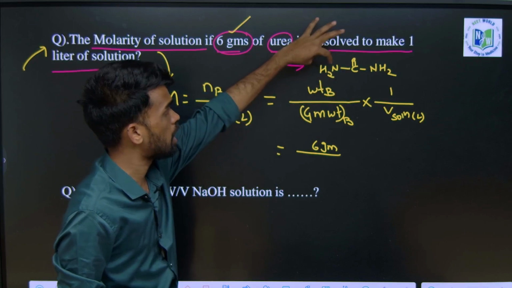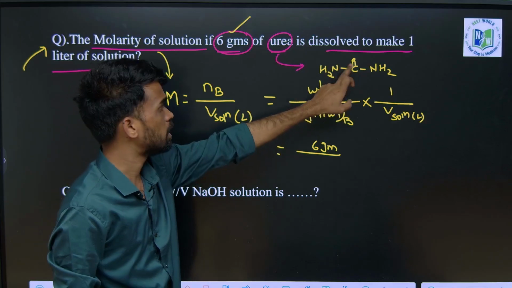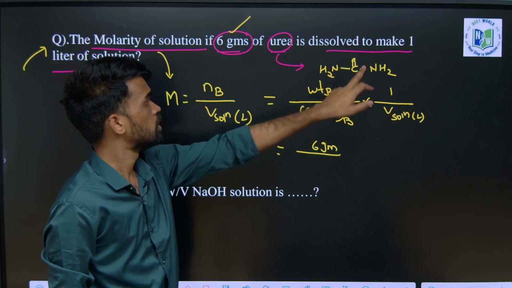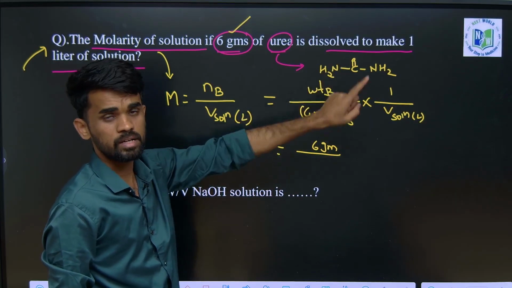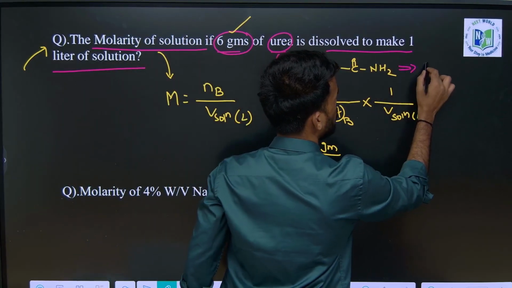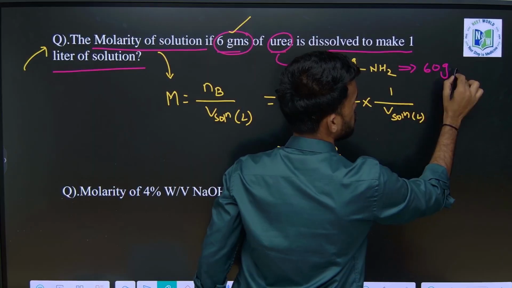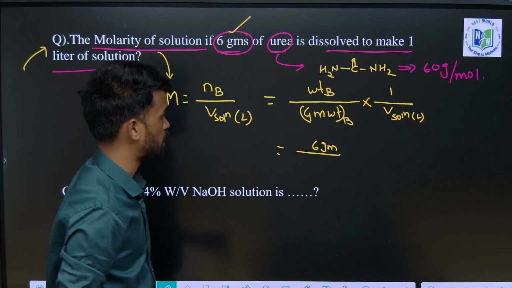So what is the gram molecular weight? If we calculate, there are 4 hydrogens, so 4 into 1, there are 2 nitrogens, so 14 into 2, and 1 carbon atom, 12 into 1, plus 1 oxygen atom, it means 1 into 16. If you calculate that, you are going to get 60 gram per mole as the gram molecular weight of urea.